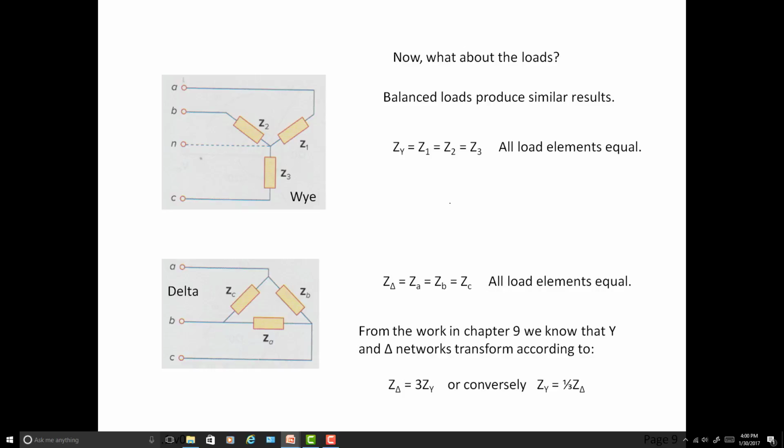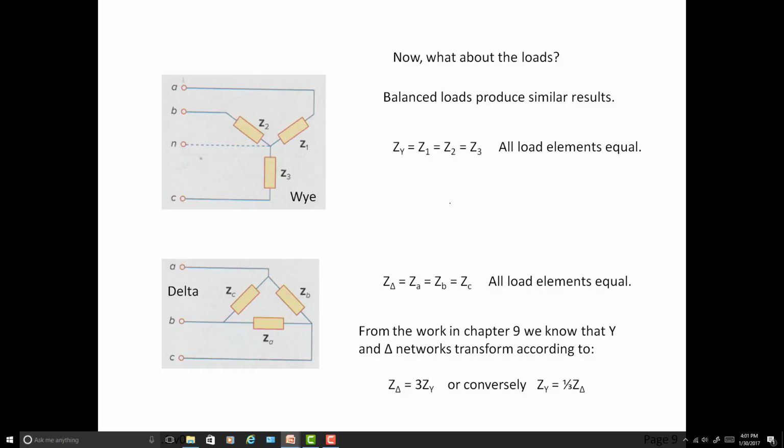All right, and you're going to see it again in a couple of different forms here, but you might remember from EE211, Chapter 9, we did do some things with Y and delta networks, and they do transform in this way: Z delta, if I look at any of the elements over here, ZA, ZB, ZC, is equal to 3 times ZY.